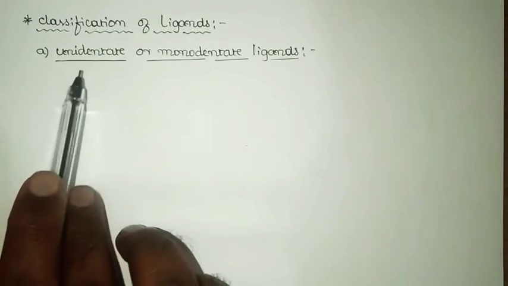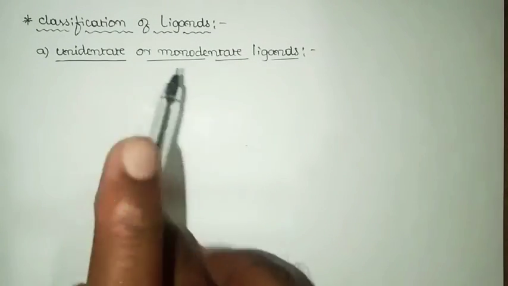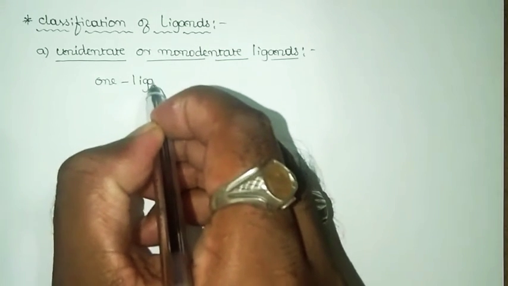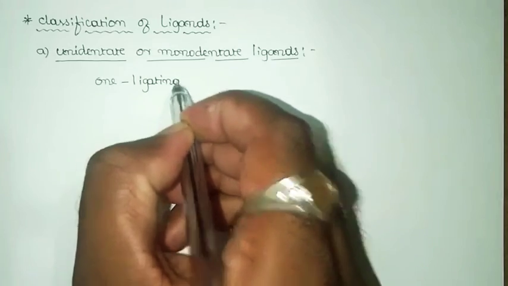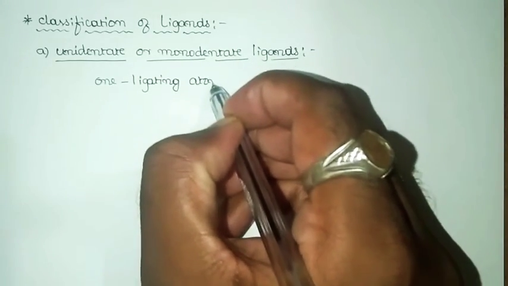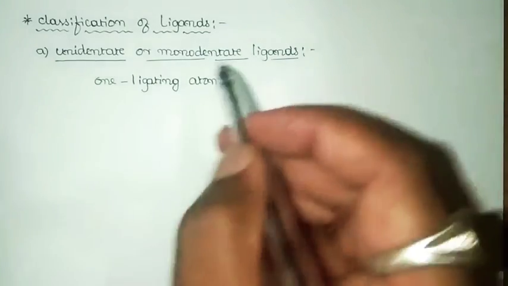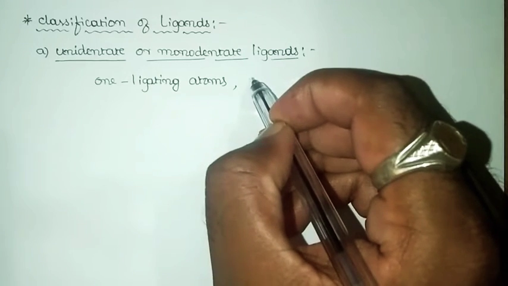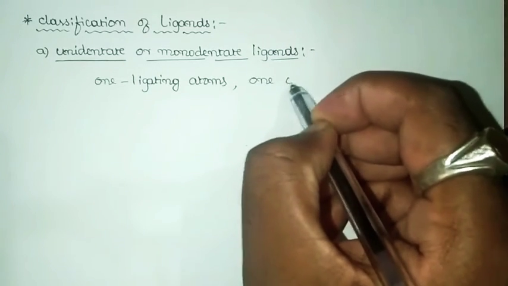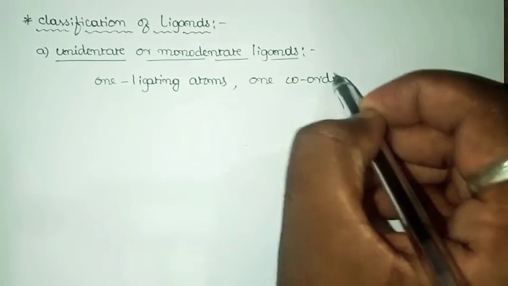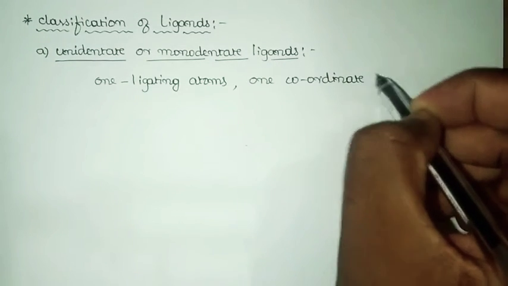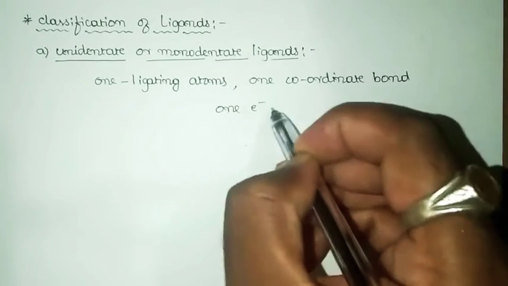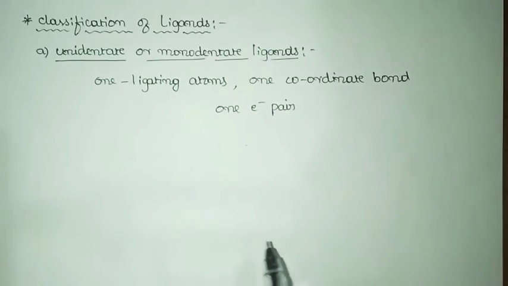So the ligands of this type, that is monodentate ligands, will have one ligating atom. Since there is only one ligating atom, they can form only one coordinate bond with the central metal atom or central metal ion by donating one electron pair to the central metal ion.